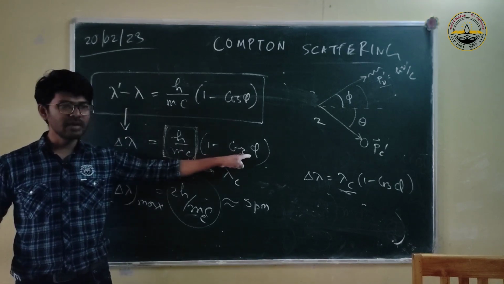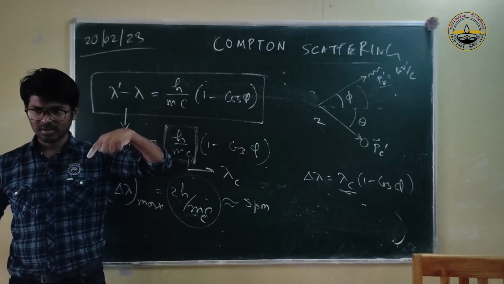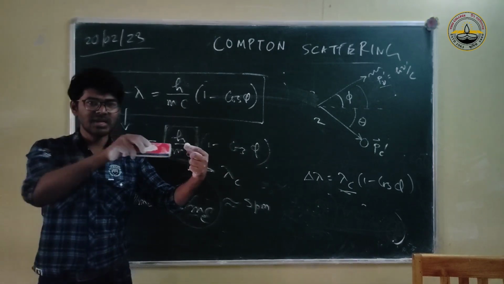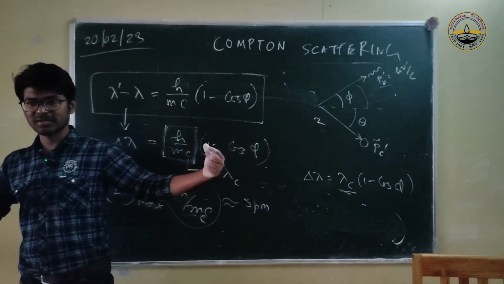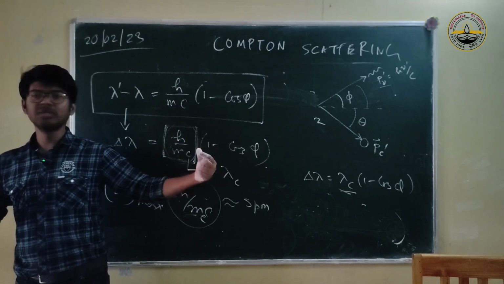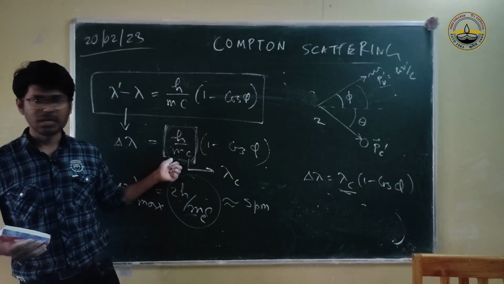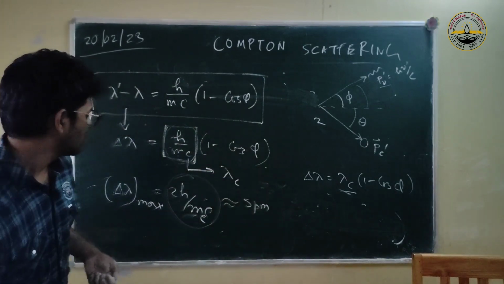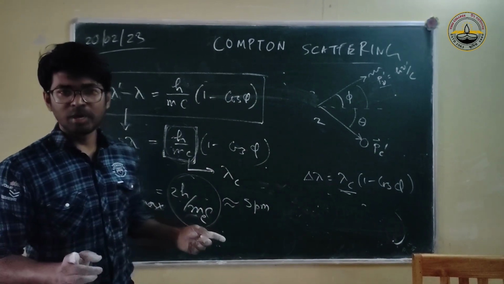That's when phi will be 180 degrees. So you have the target and you send some X-ray, it bounces back in this direction. That will lead to the maximum change because your phi will be now 180 degrees. And that is like 5 picometers.